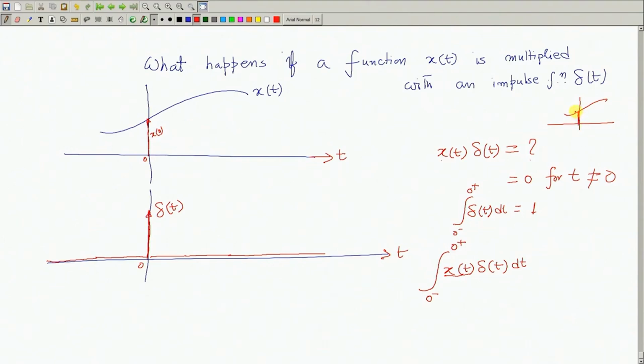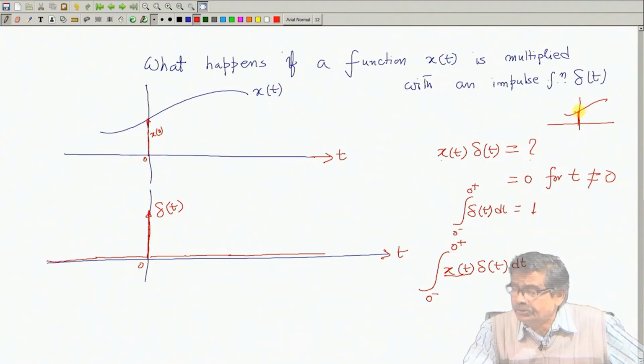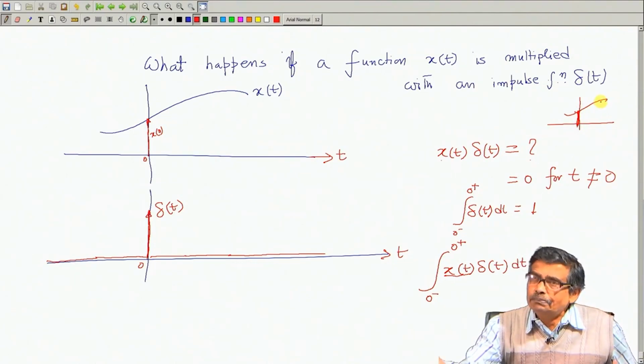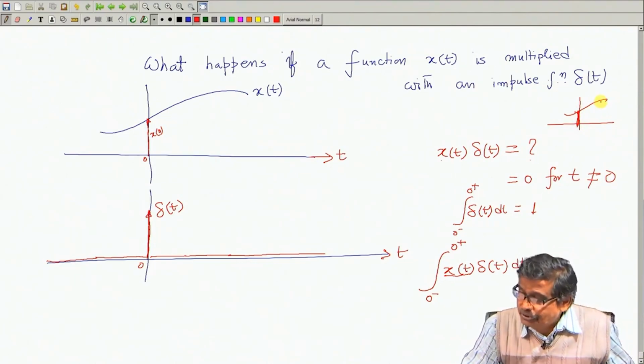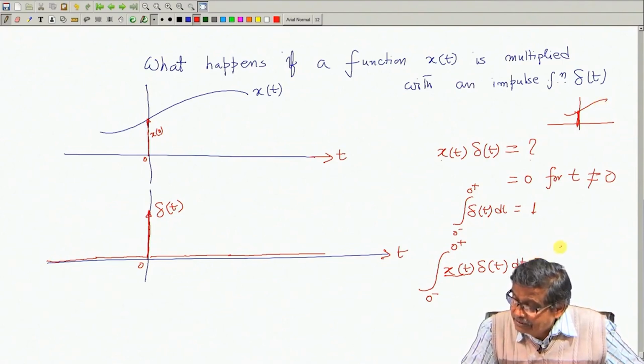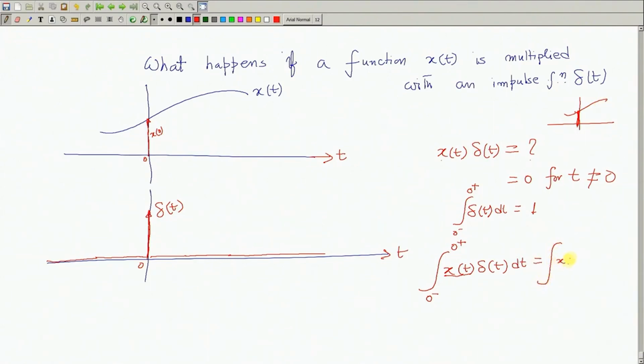You calculate the value of the function at t equal to 0 minus, and 0 minus is any very, very small number. Do you think the value of the function is going to change at 0 minus or 0 plus? No, it will be close to x(0). So, this integral becomes equal to x(0) over this range.